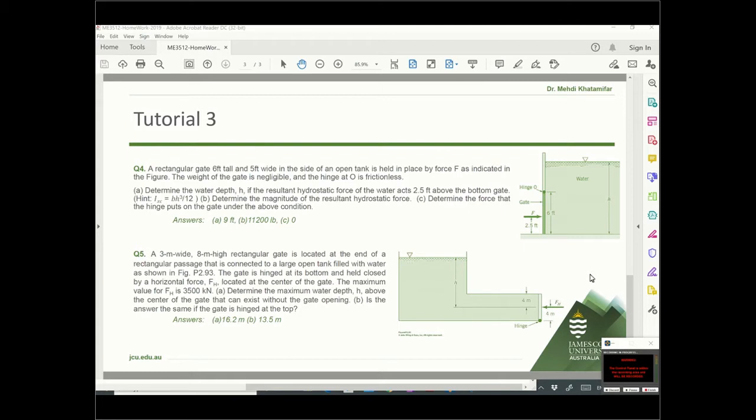Who knows the formula for the resultant force, the magnitude? Who remembers? What is the formula just for the force? Force is area times pressure, and pressure is rho g h. The only difference between this formula and the resultant force is that h would be hC, so rho g hC A. Just try to memorize it and not make a mistake there.